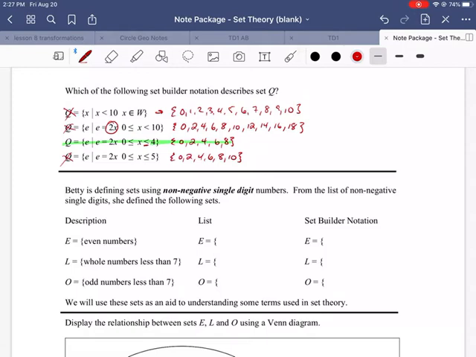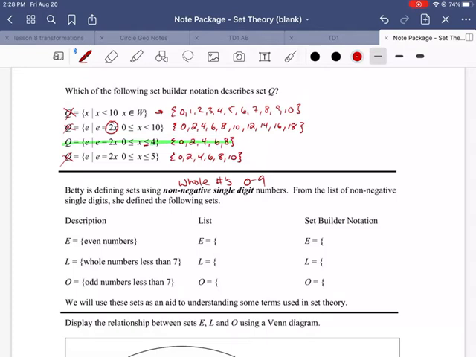Betty is defining sets using non-negative single-digit numbers. So that's going to be whole numbers, 0 to 9. That's what we've been defined, so our options are between 0 and 9. Let's talk about the even numbers.